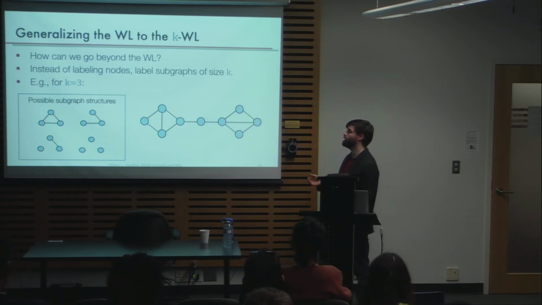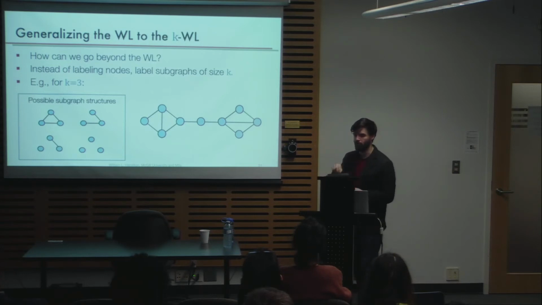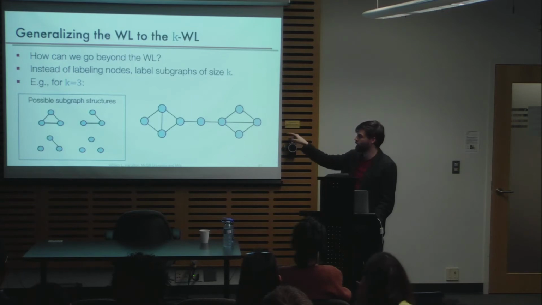And the idea here is that instead of labeling nodes, so instead of doing our message passing at the level of nodes, we do this at the level of subgraphs. So for example, for the 3WL test, there's 3 possible graph structures of size 3. So there's 3 possible size 3 subgraphs. We can have a connected triangle. We can have just a chain.